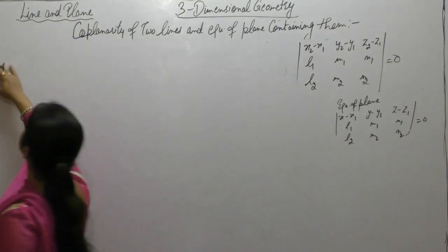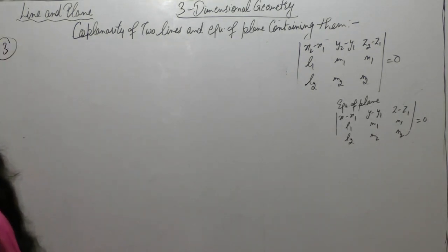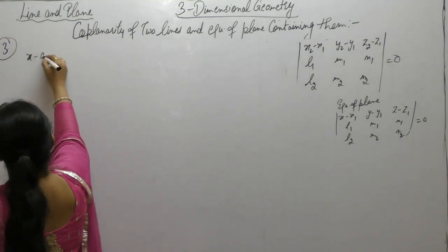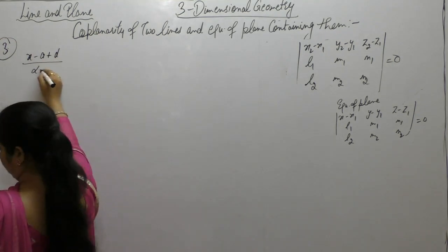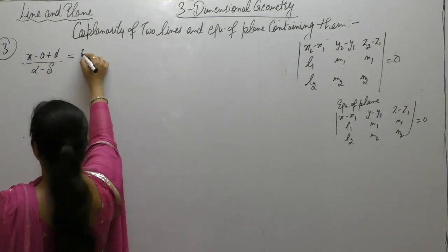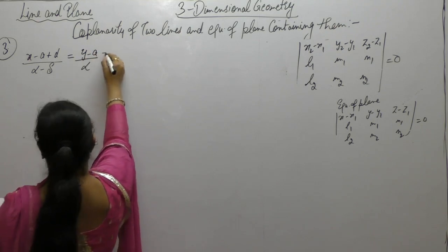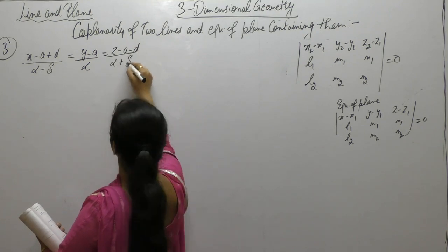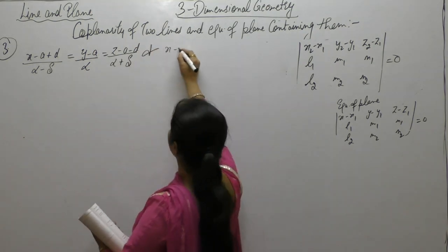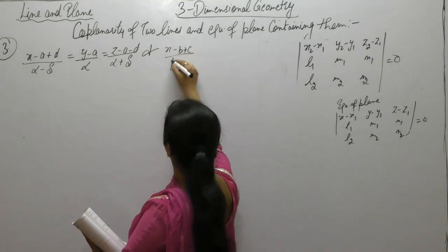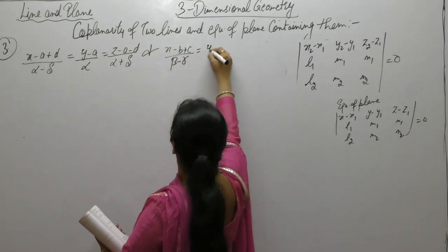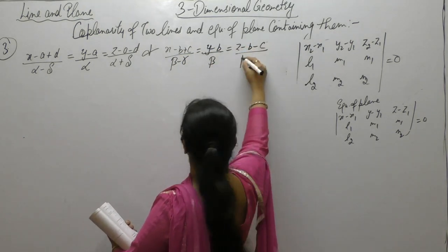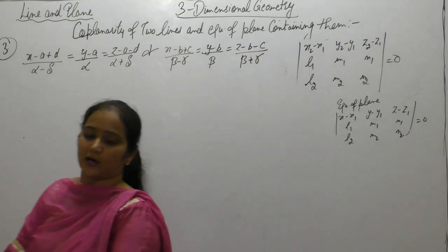Now the next one: show that the lines (x minus a plus d) upon (alpha minus delta) is equal to (y minus a) upon alpha, (z minus a minus d) upon (alpha plus delta), and the line (x minus b plus c) upon (beta minus gamma), (y minus b) upon beta, (z minus b minus c) upon (beta plus gamma) are coplanar.